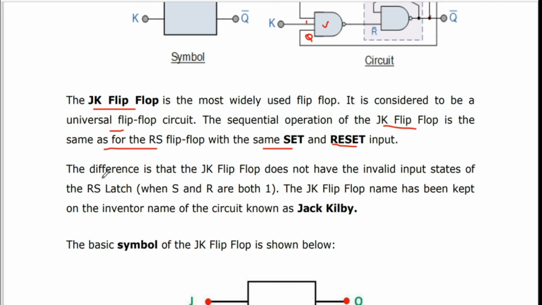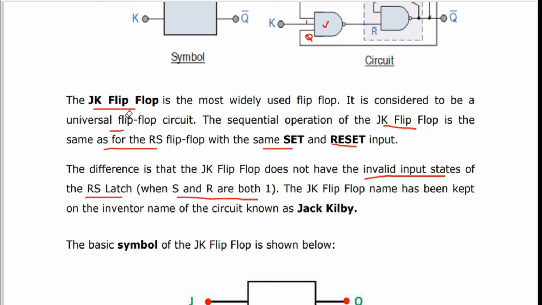The only difference that you find with JK flip-flop is that you don't have an invalid input state that you could find in your SR flip-flop or your SR latch, when both S and R are 1 1. So we have tried to overcome this particular problem in your JK flip-flop, where we had an invalid input state in your SR latch or in your SR flip-flop.